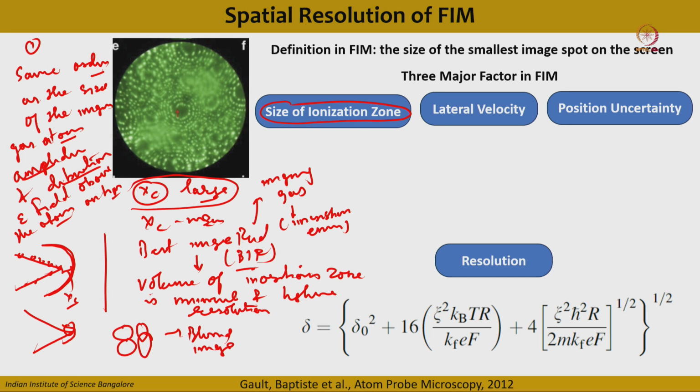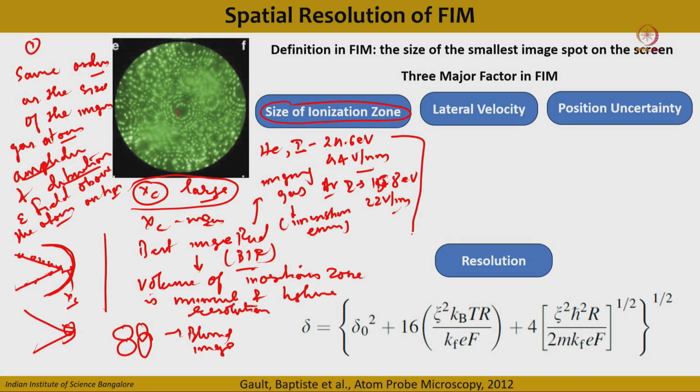For example, helium, which has an ionization energy of 24.6 electron volt, has a BIF value of 44 volt per nanometer. Similarly, for argon, the ionization energy is around 15.8 electron volt, and the BIF value is 22 volt per nanometer.